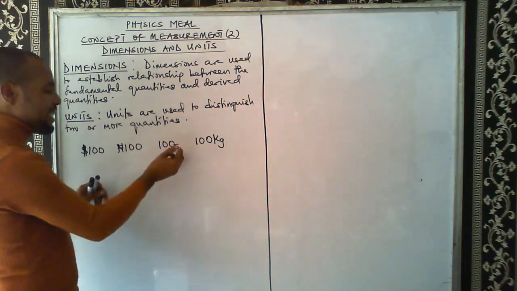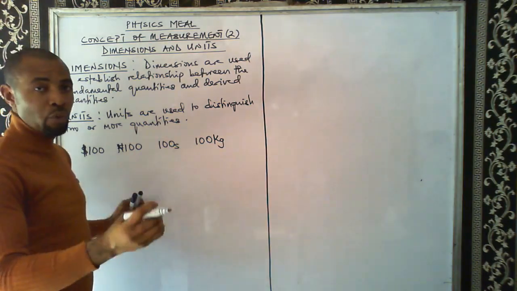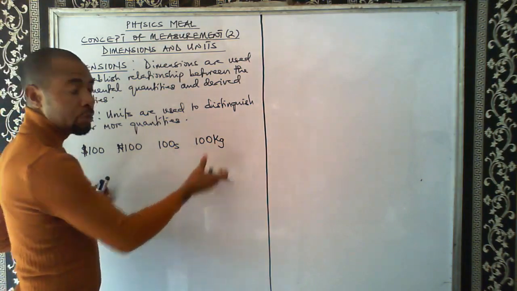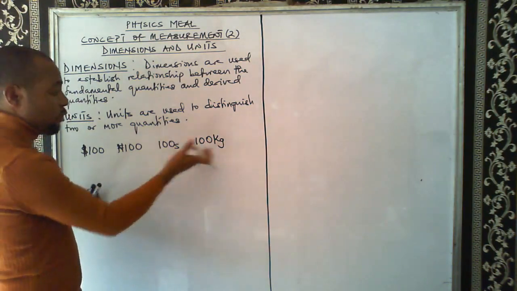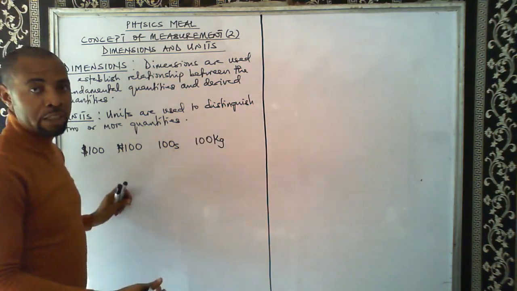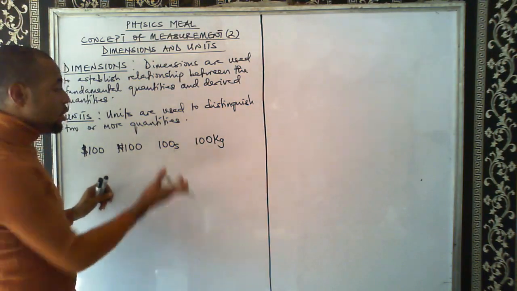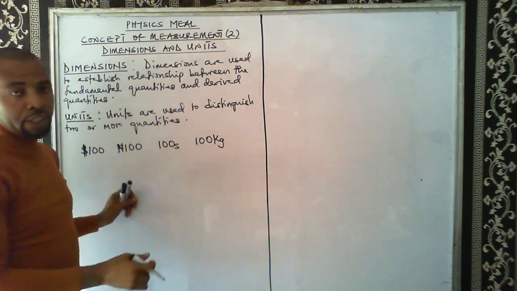So 100 seconds, this X stands for seconds. Somebody will know you are referring to what? Time. And then 100 kilograms, somebody will know you are talking about mass. I know you may not know these two for now, but when we look at the table of the dimensions and units of fundamental quantities, you will know that the unit of time is seconds and the unit of mass is kilogram.